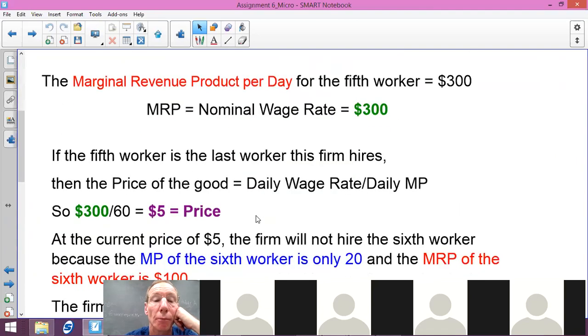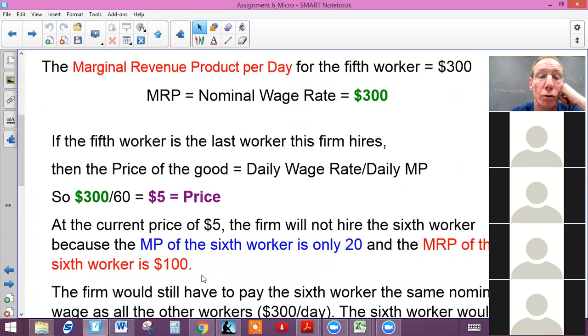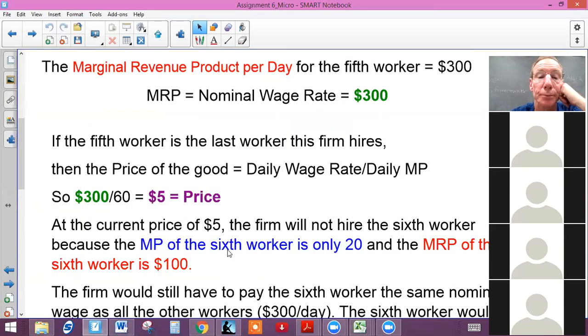Now, let me just jump back over to what they're actually asking so I'm not confusing everybody. Okay, so it's a 300. And what will happen if the demand for the product increases?